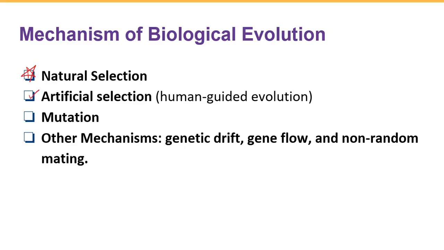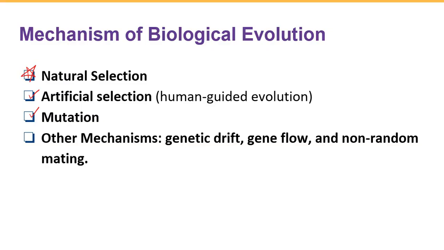Artificial selection is when humans choose certain traits to breed, like in dogs or crops. So that is a kind of evolution that humans guide. Then mutation is another way for biological evolution, when random changes in DNA create new variation.